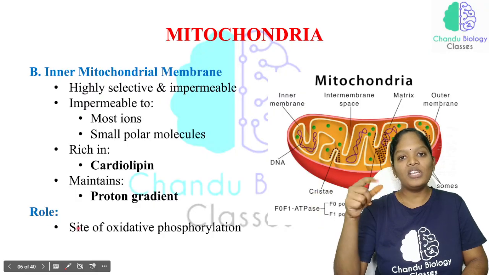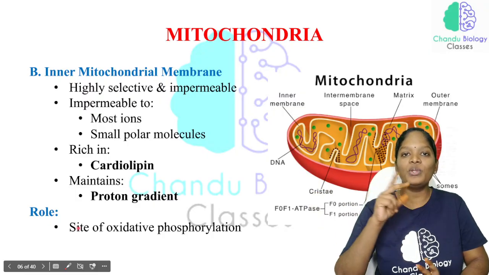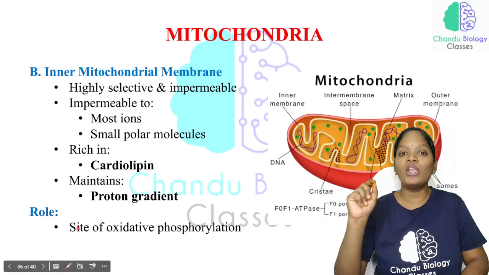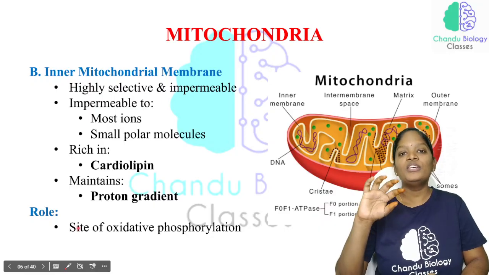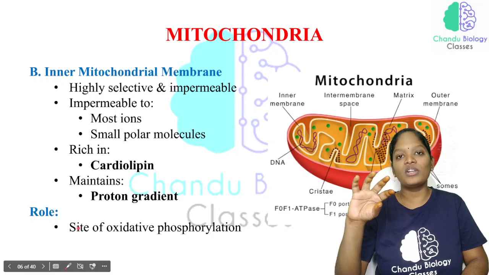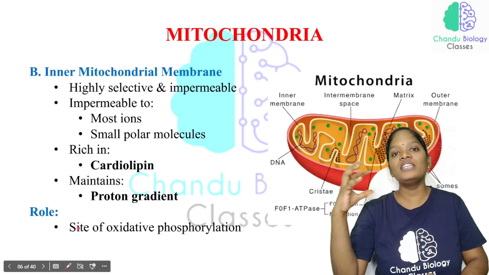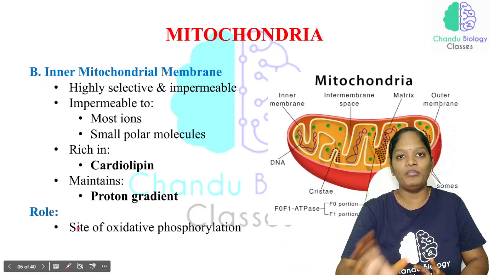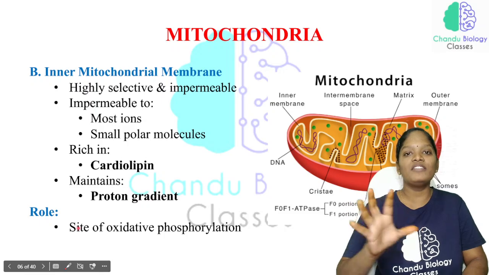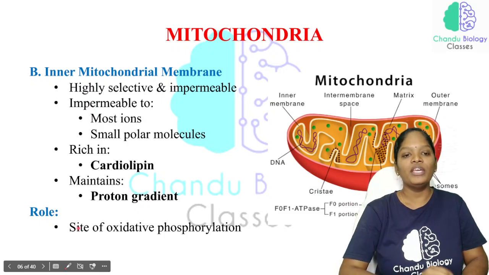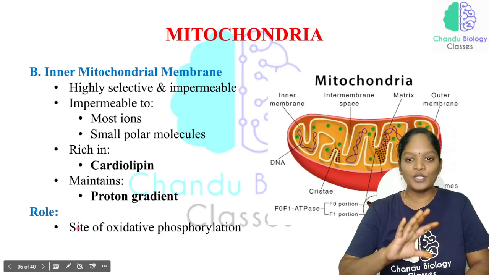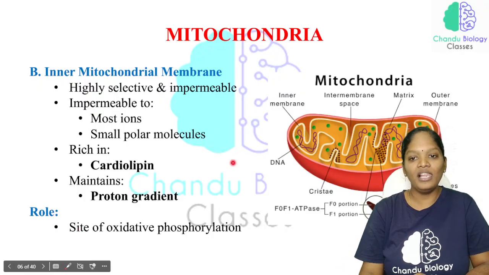As electrons shift from one electron carrier to another, there will be a loss of energy. This energy will be converted into ATP, and that ATP is an energy form. So this is an important thing with respect to the inner mitochondrial membrane.